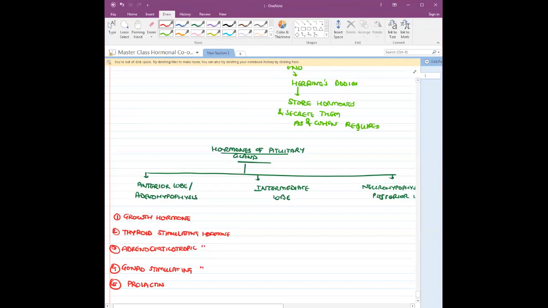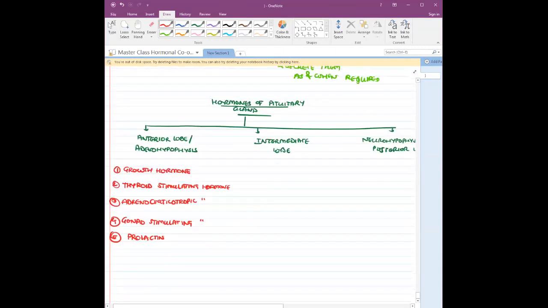But now, guys, when we talk about this gonad stimulating hormone, it is also going to be divided into two more things. This year they have included two, three in one group, but I'll just give you the right way. This gonad stimulating hormone is going to be divided into two parts.